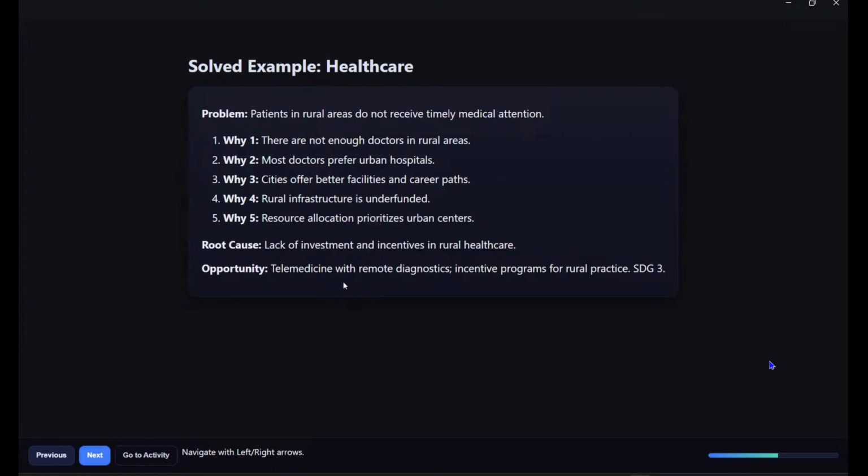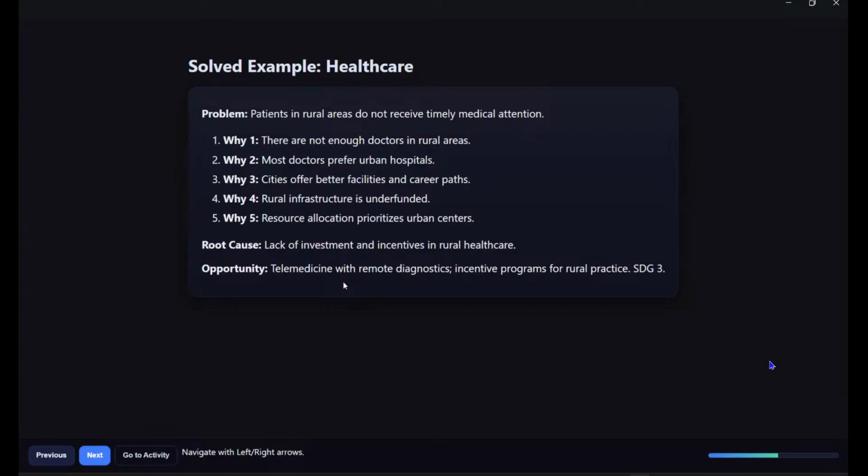Timely medical attention for the patients in rural areas. That is the main problem. Now, let us talk about how we can use 5 Whys to analyze this.